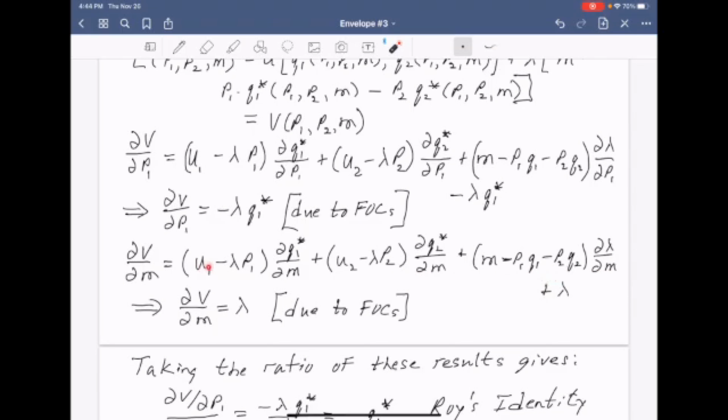But again, this term and this one all go to 0, so in the end the partial of v with respect to m is equal to lambda due to those first order conditions.